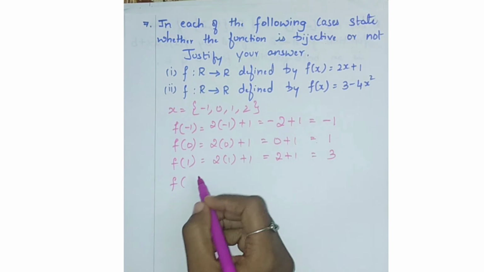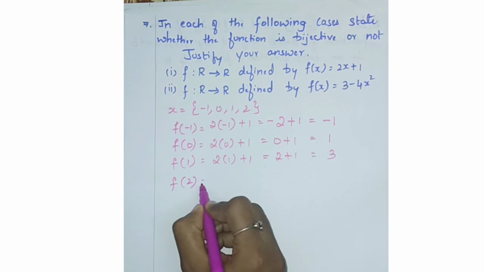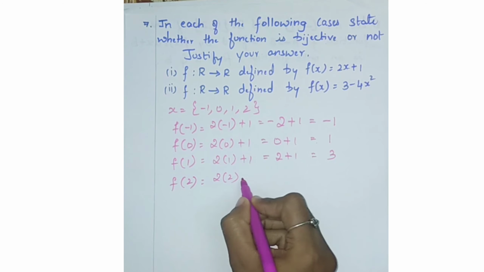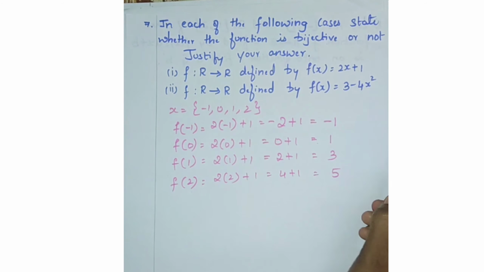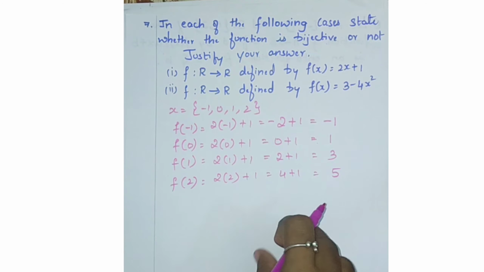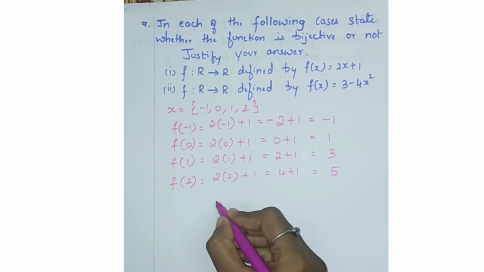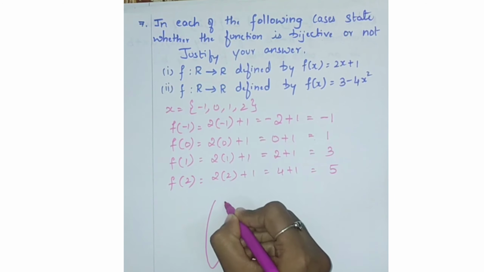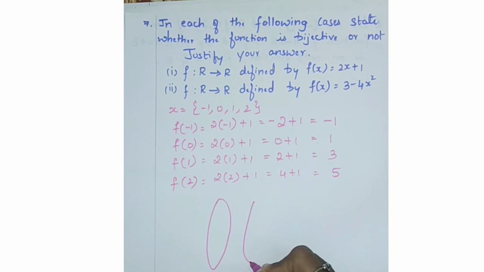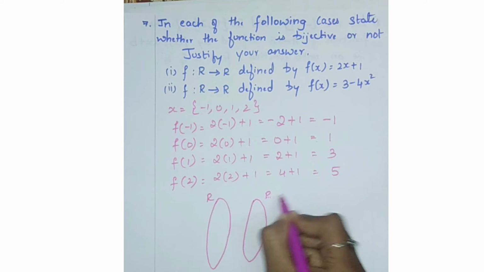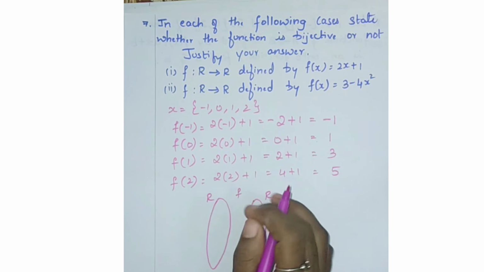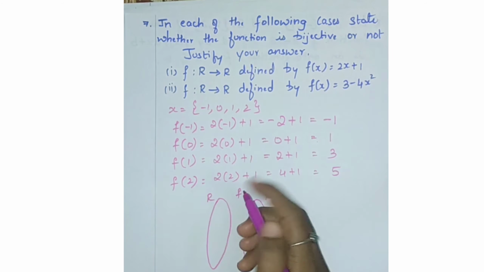Next, f of 2. 2 into 2 plus 1, that is 4 plus 1, which is 5. Okay, so now if you draw an arrow diagram here, this is also a real number, this is also a real number. So here we have the f of x function.